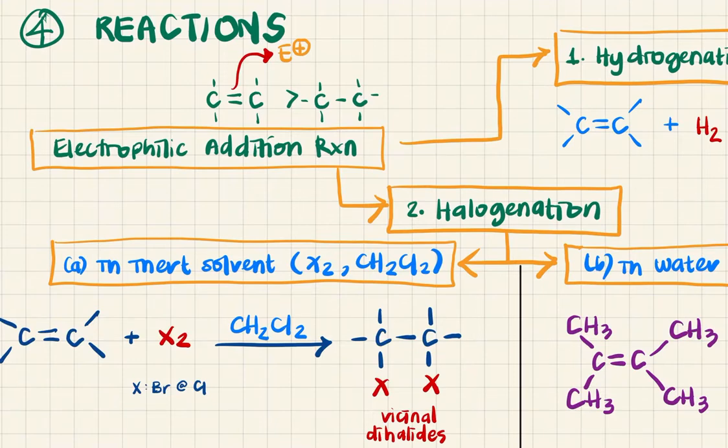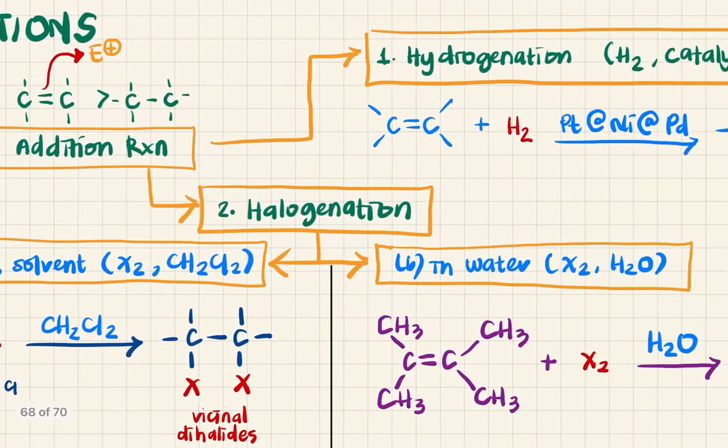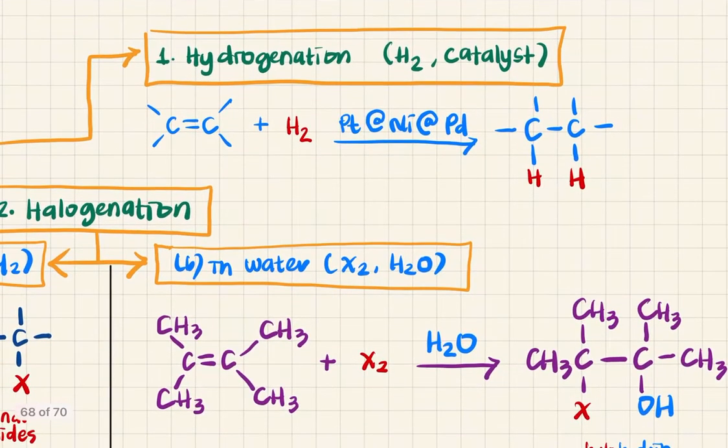Alright, so let's look at the first reaction, which is the simplest reaction. It is hydrogenation. For hydrogenation, you will require hydrogen, obviously, as one of your reagents, with the presence of a catalyst. You can use any of these catalysts. If you are writing your equation, you should just put one of them: platinum, nickel or palladium.